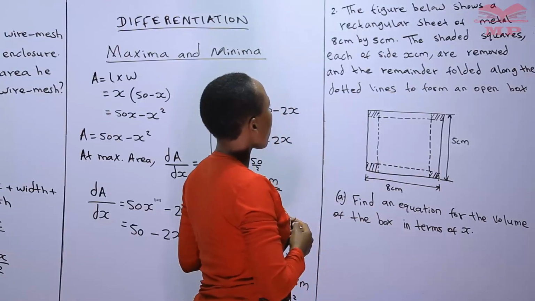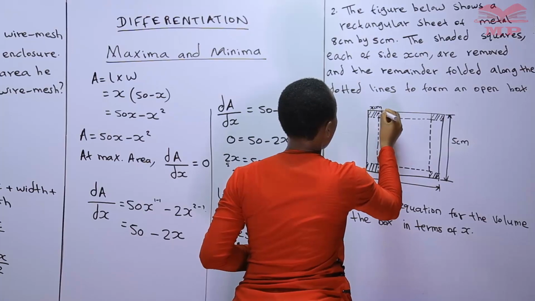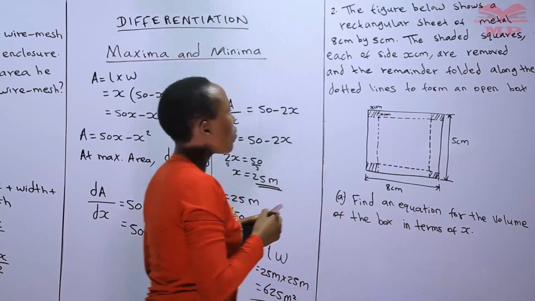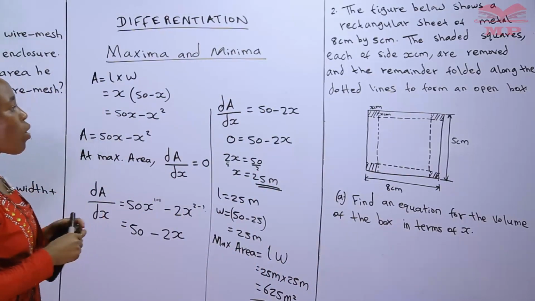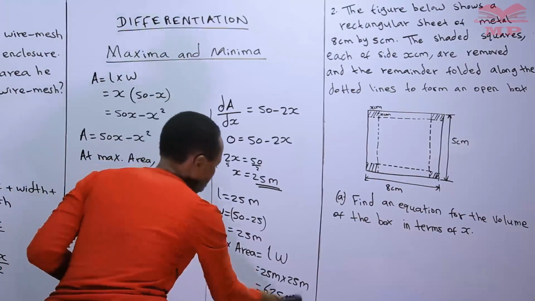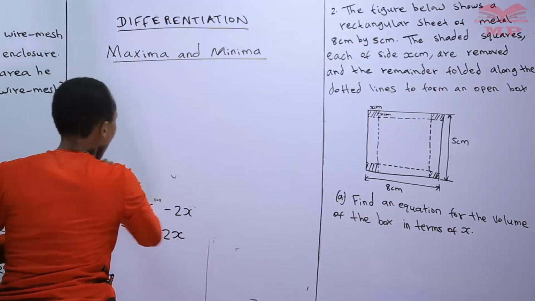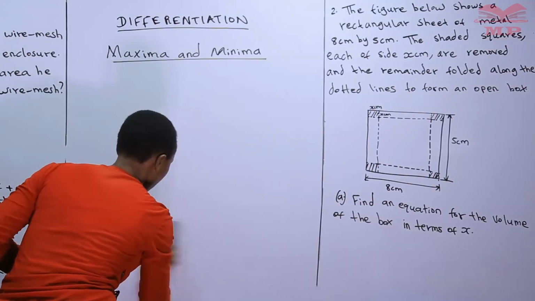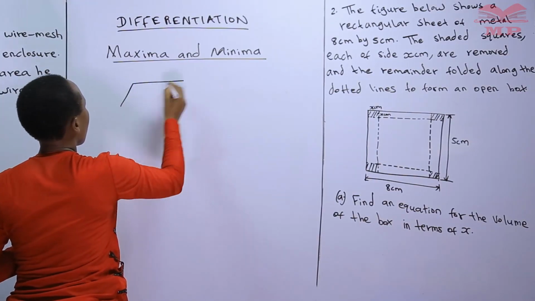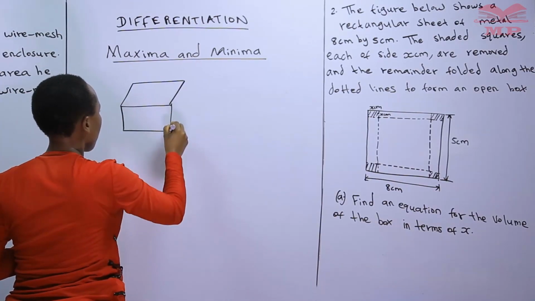The shaded squares, each of side x centimeters. They are removed and the remainder is folded along the dotted lines to form an open box. So this is what we are going to form when it is folded. We have the open box that is being formed.